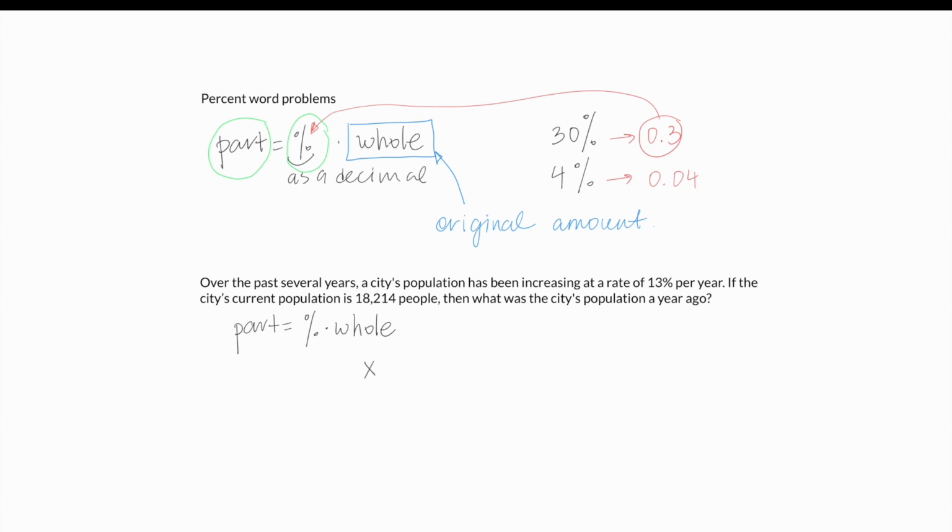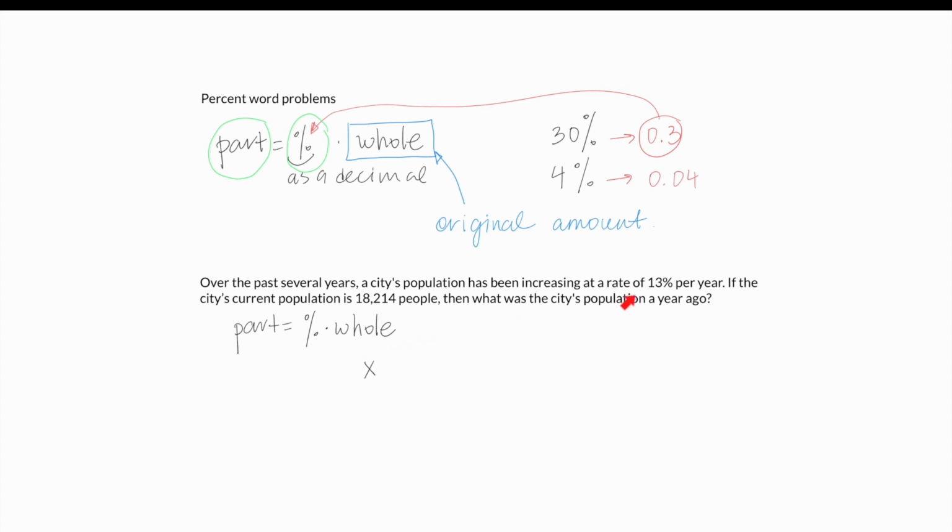When I was describing the formula and I circled the part and the percent in these green circles, I said that they need to be corresponding. Now, if you think about it, this final number, 18,214, consists of the whole of the original population and then 13 extra percent on top of that. Now, the whole is the 100%.